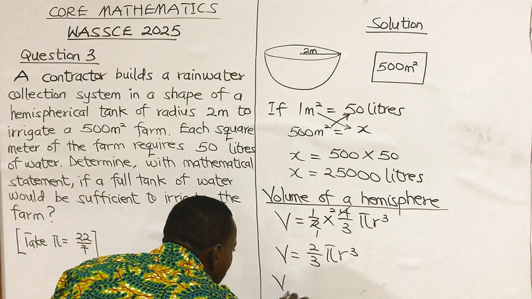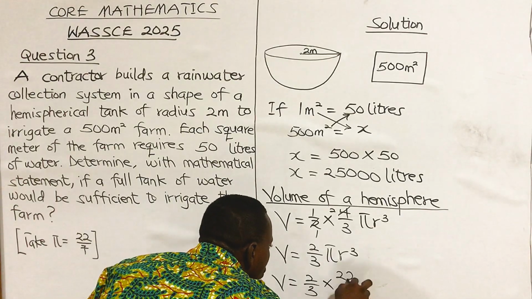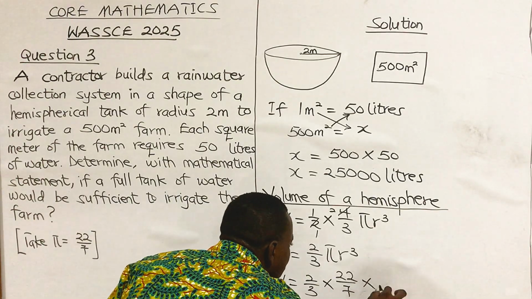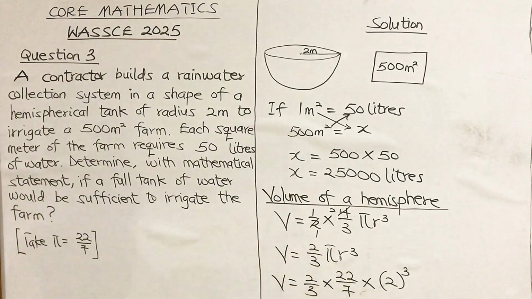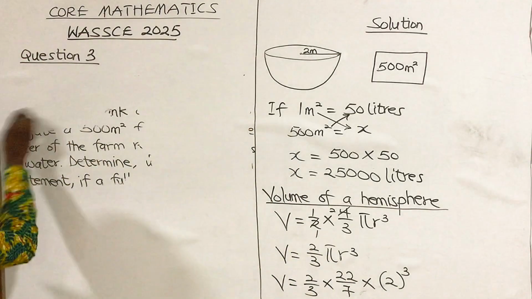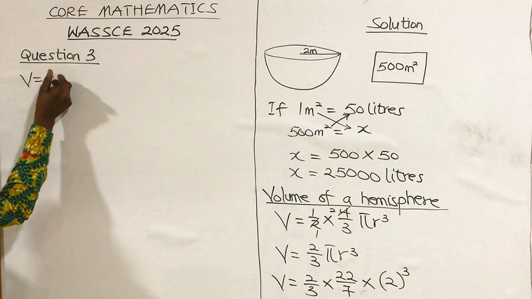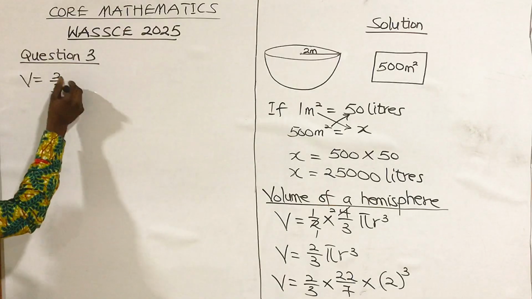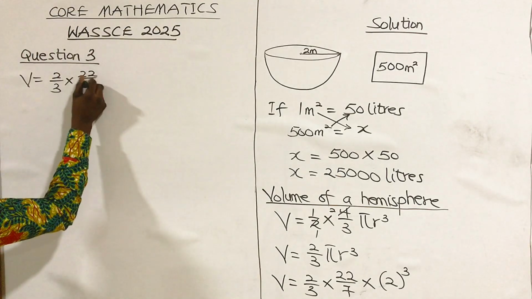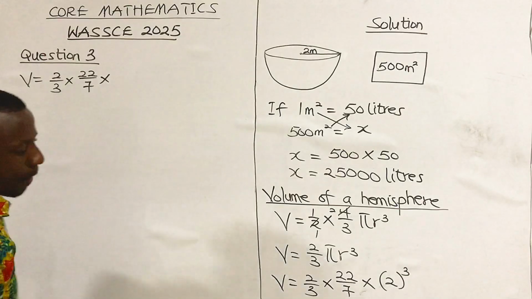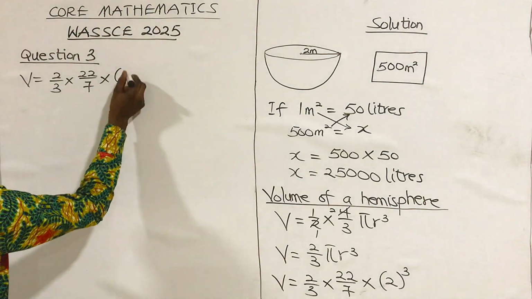So now we have V equal to 2 over 3 times 22 over 7 times 2 cubed, which is 8.